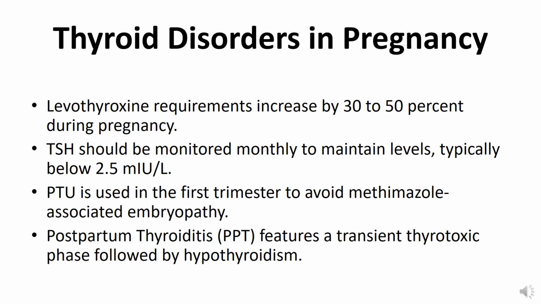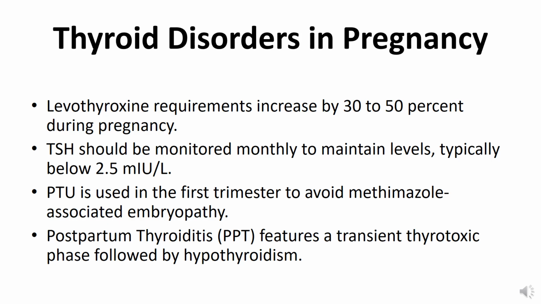of hepatotoxicity. Another important thyroid condition related to pregnancy is postpartum thyroiditis, commonly called PPT. This disorder occurs after delivery and is thought to result from immune system rebound following pregnancy-related immune suppression. Postpartum thyroiditis often follows a biphasic pattern.